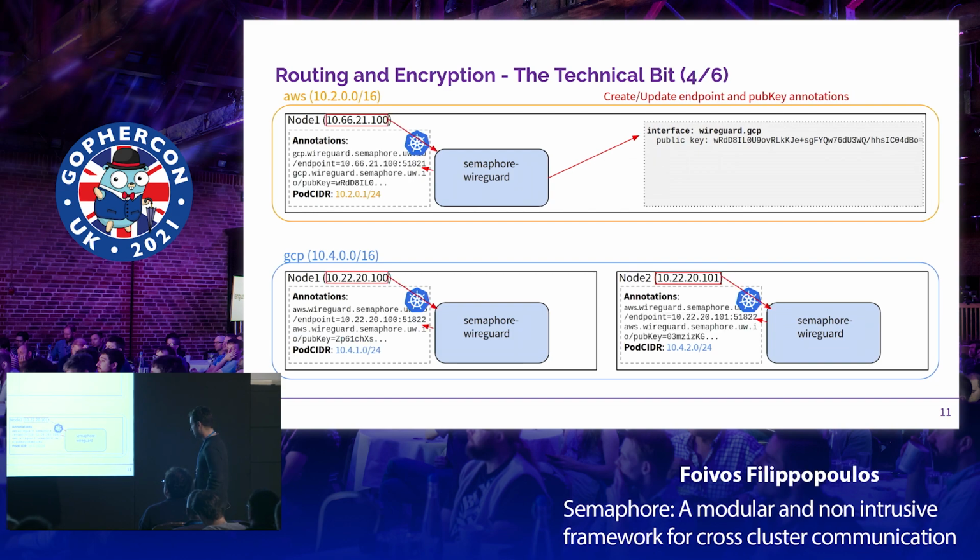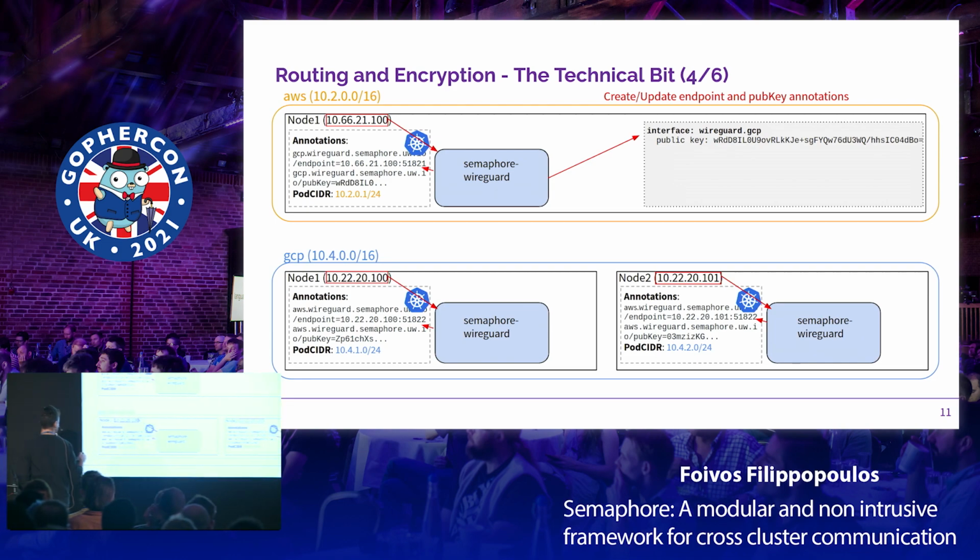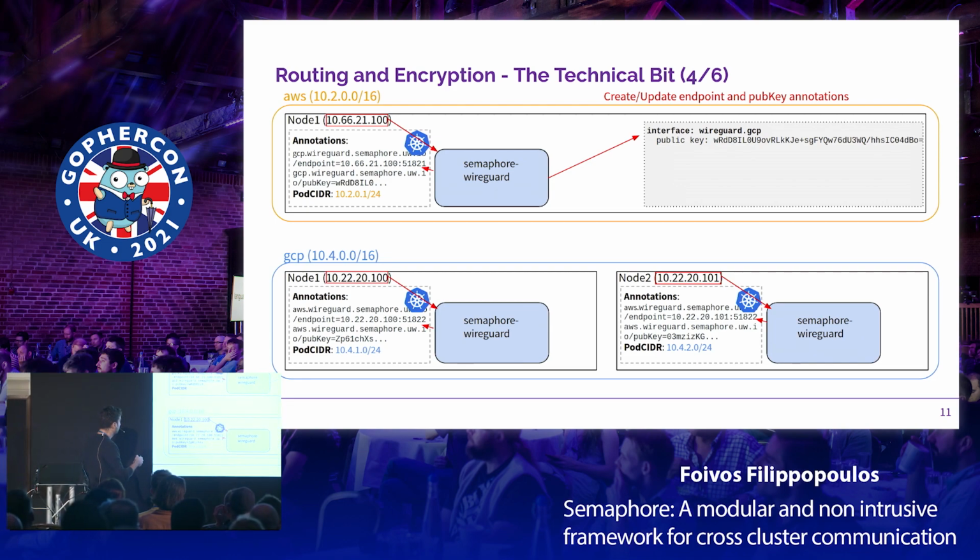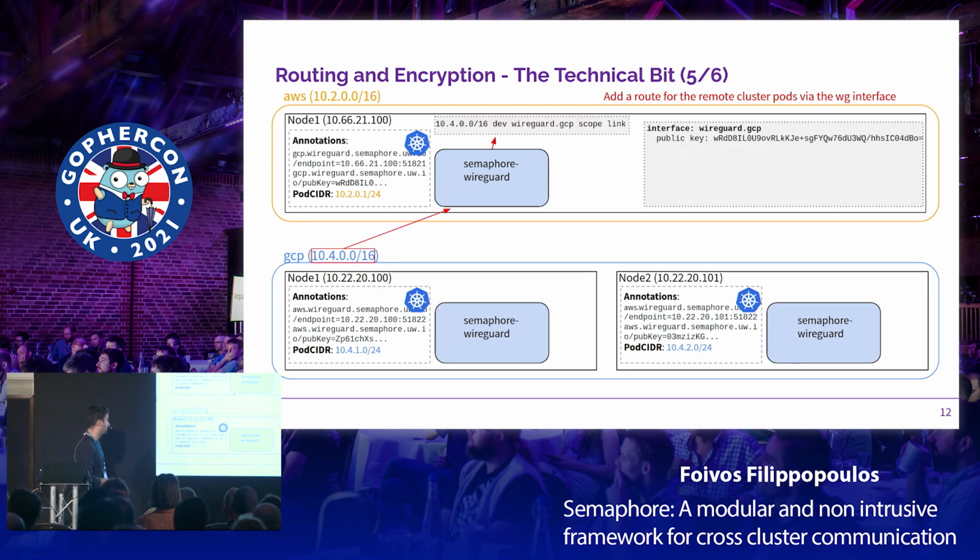Next, it's going to get all the information it just generated plus the node IP, and put all this under the Kubernetes node annotations over here. This is basically for the rest of the Semaphore WireGuard peers to be able to come here, see the information, identify this peer, and configure it locally.